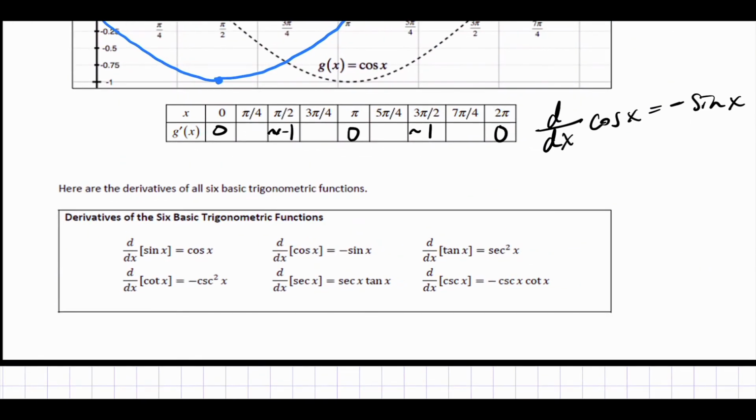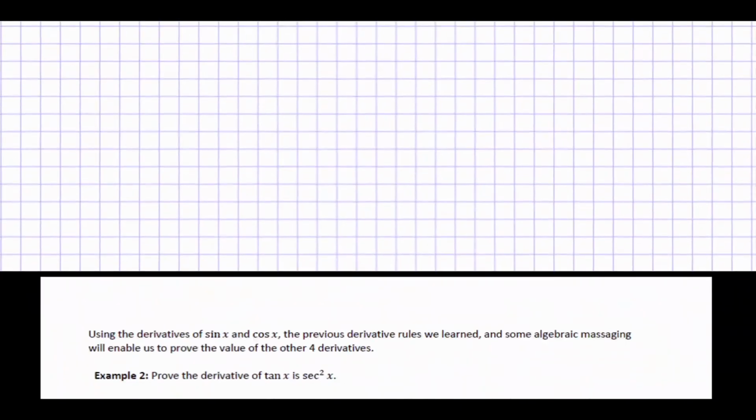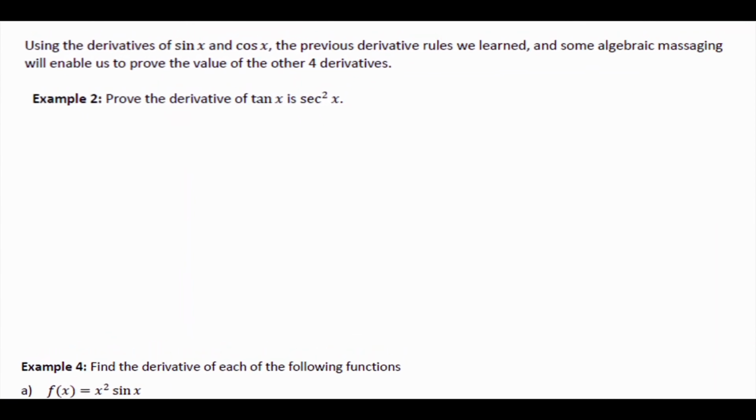I proved to you that the derivative of sine is cosine, and the derivative of cosine is negative sine. We showed that already, right? I'm going to do one more proof, and that's it. The others I can, but I'm not going to right now because you kind of get the idea.